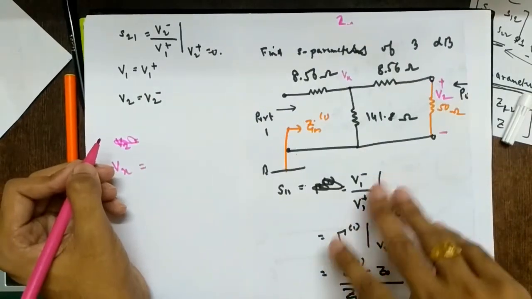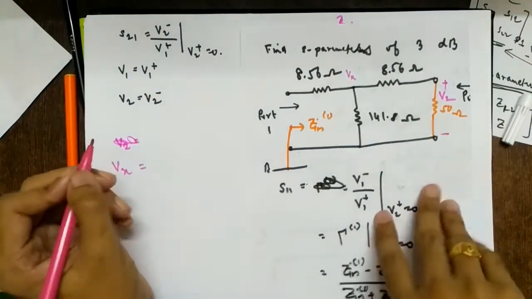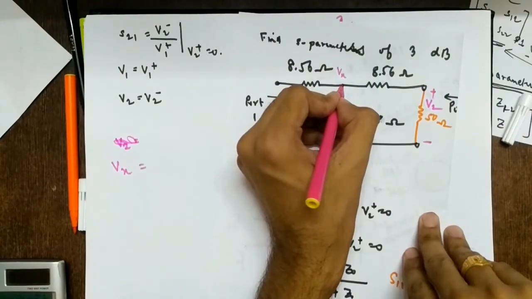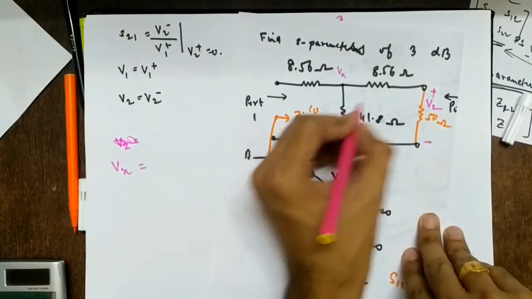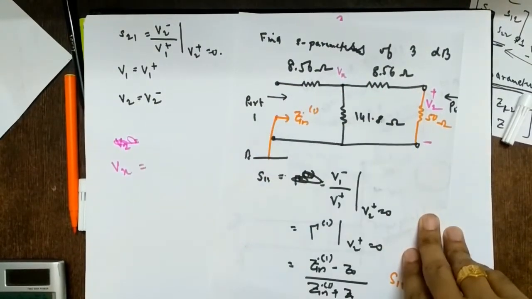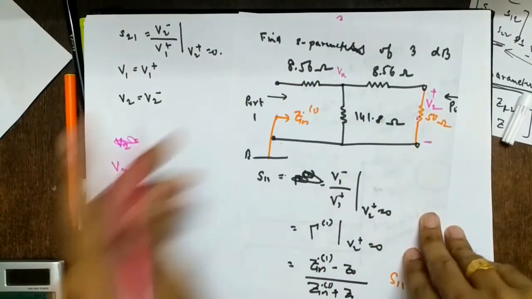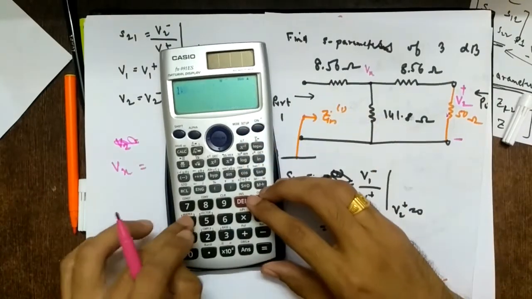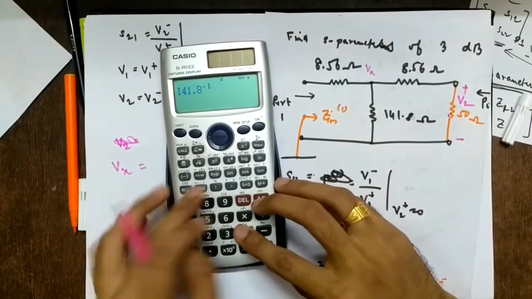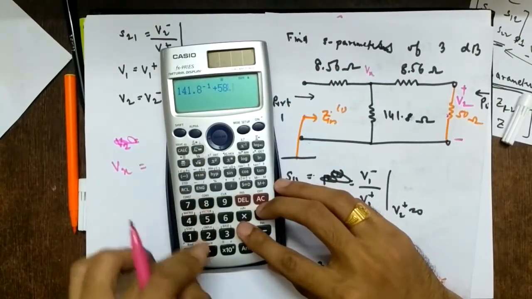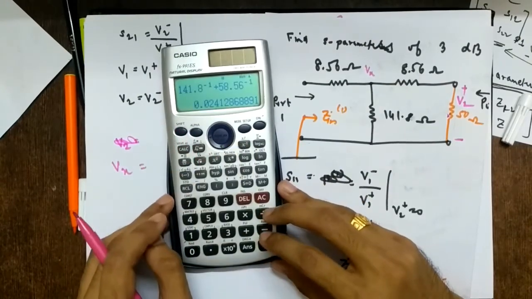If you don't know the definition, just go through the basics. These two are in series, and that series combination is in parallel with this. So 141.8 inverse plus 58.56 inverse.